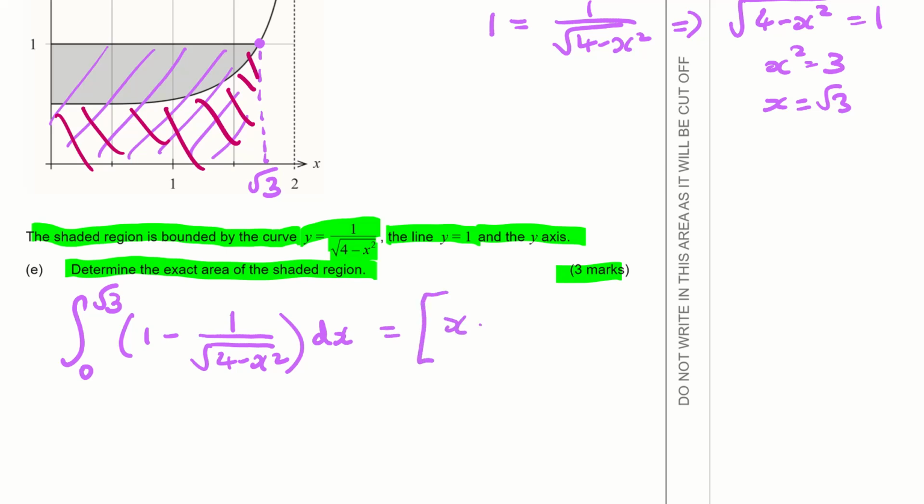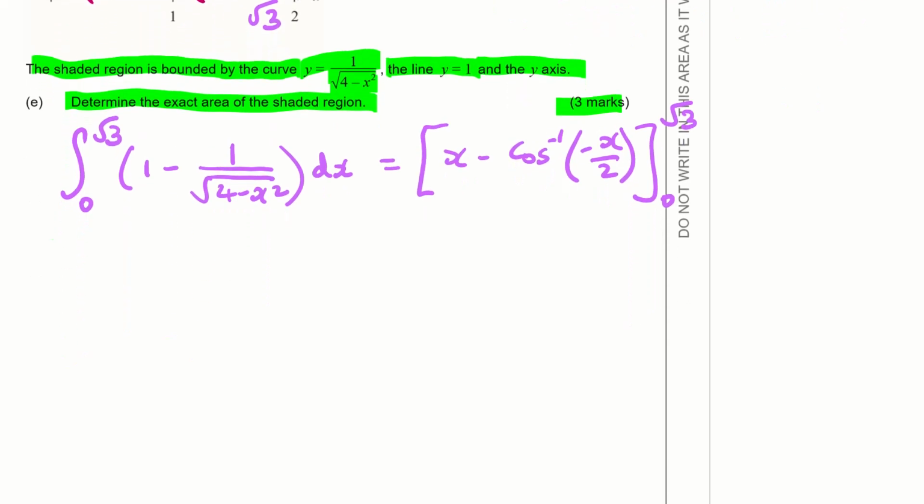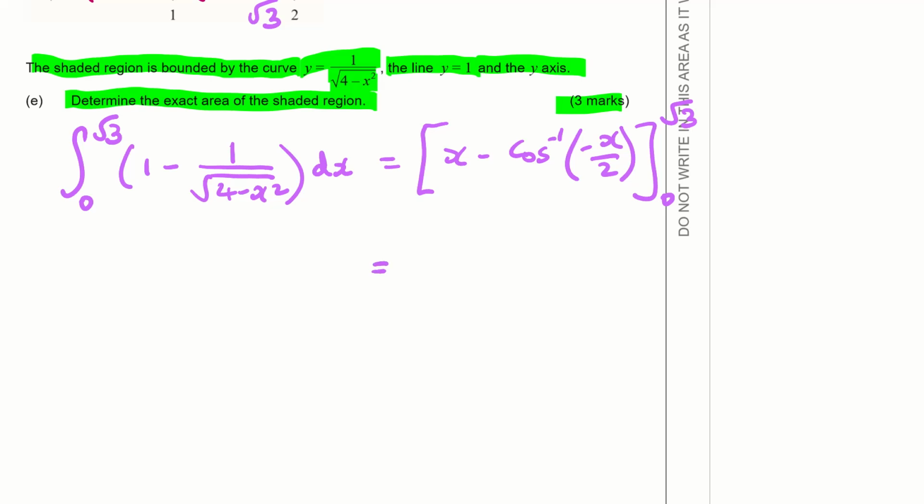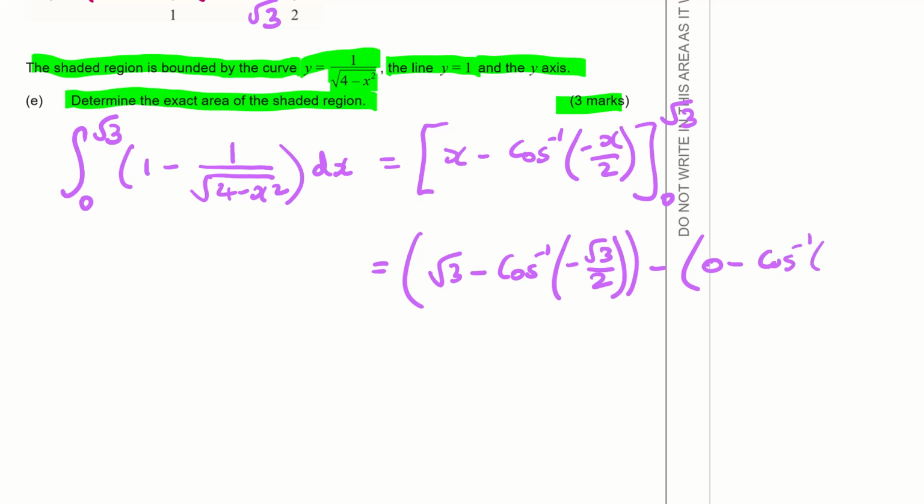So that is going to be x take away the inverse cosine of negative x on 2 to be evaluated from 0 to root 3, which is going to be root 3 take away the inverse cosine of negative root 3 on 2, take away 0, take away the inverse cosine of 0.